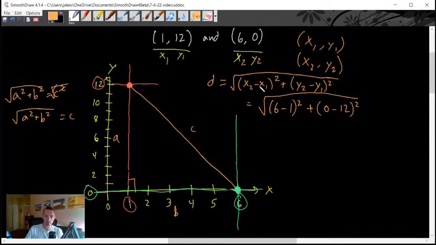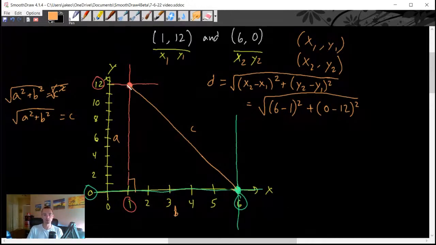So the reason why this is a and this is b, x1 minus x2 is a, y2 minus y1, actually those would be switched, sorry. X2 minus x1 would be our b length here, y2 minus y1 would be our a length here, is because if you're looking at a 2D number line, which is all this is, if you're just looking at your y-axis or your x-axis, that's just a straight line number line.